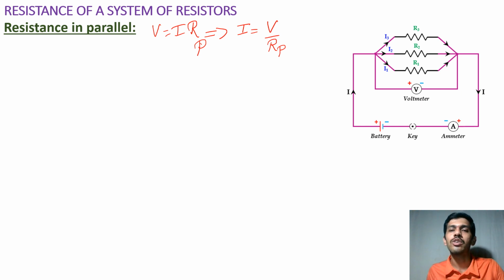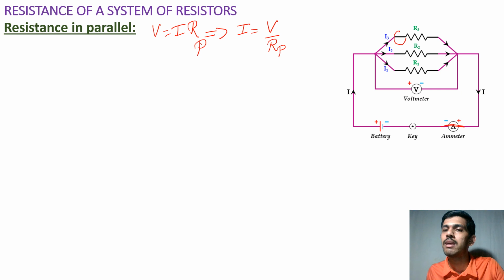Is that clear? Now, similar to the previous case, I remove the ammeter from here and connect the circuit directly. In different trials, I place the ammeter in different positions.